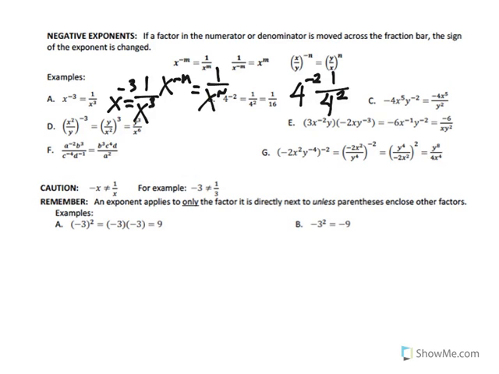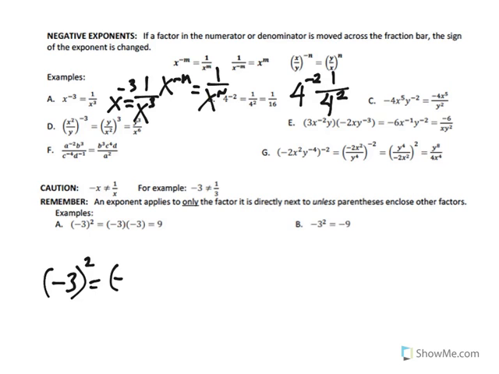Let's try some examples. So, an exponent applies to only the factor it is directly next to, unless parentheses enclose other factors, okay? So, let's look at this one here. Let's say I have a negative 3 in parentheses squared. Remember, the parentheses hold everything together. You can't take parts out or put parts in if the parentheses are there.